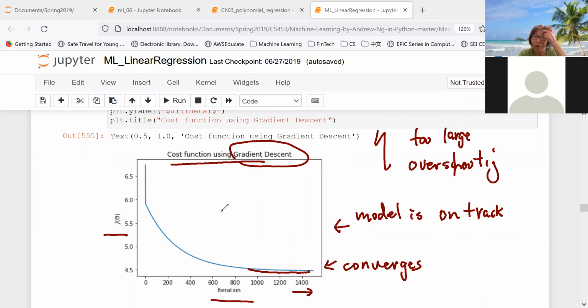It may go small and then go back to large, so that's not on track. But regarding the cost function and the number of iterations, if you want to make sure your model is on track, this is supposed to be the relationship.